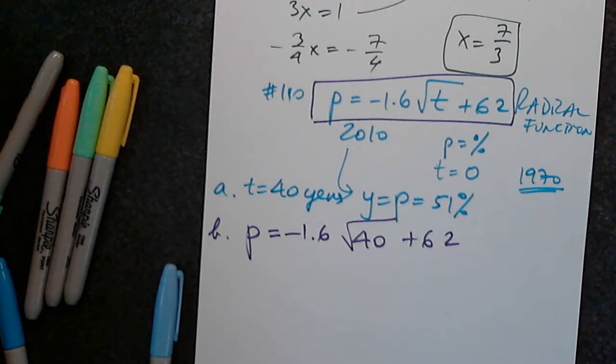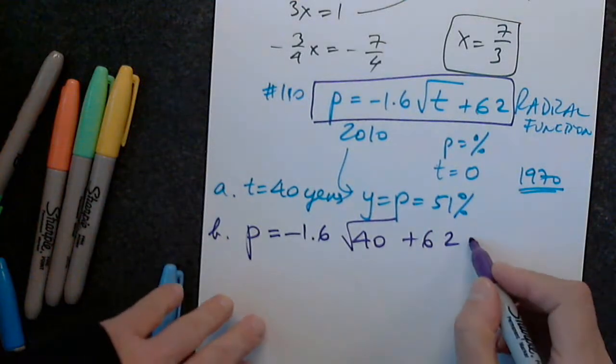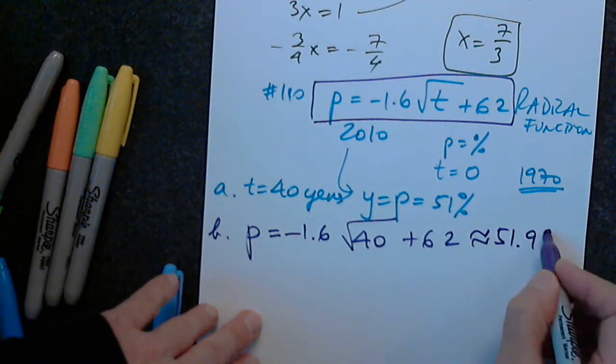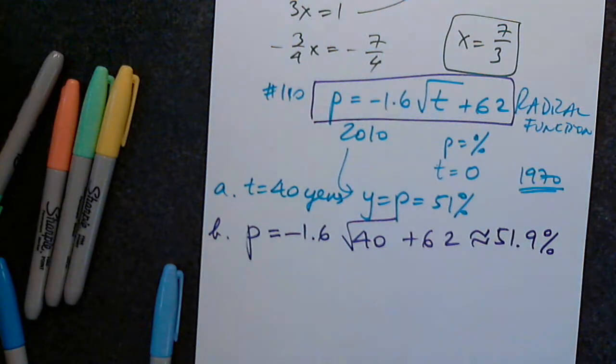Okay, so we have negative 1.6 times the square root of 40, and I have to have parentheses, plus 62. And enter. So I got 51.88, so approximately 51.9%. Good reading, although it's difficult to read from the graph.